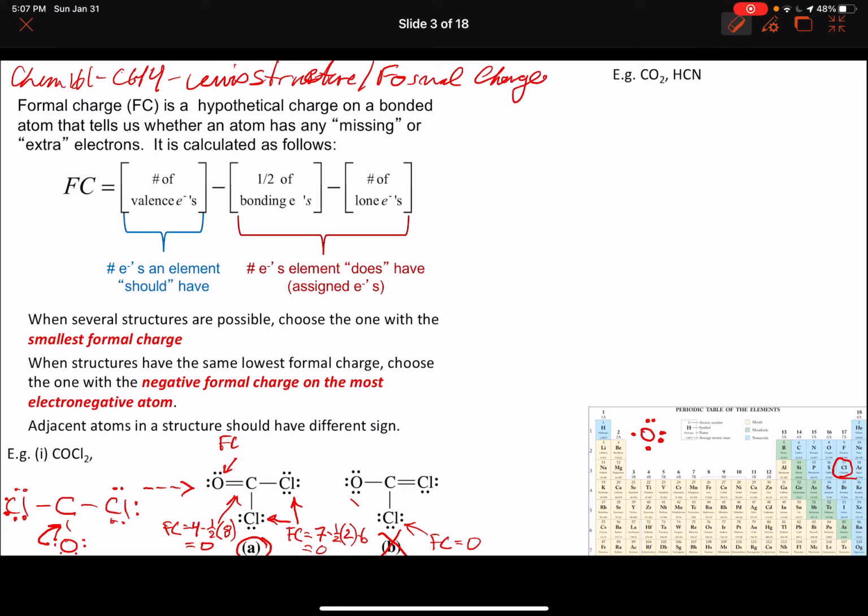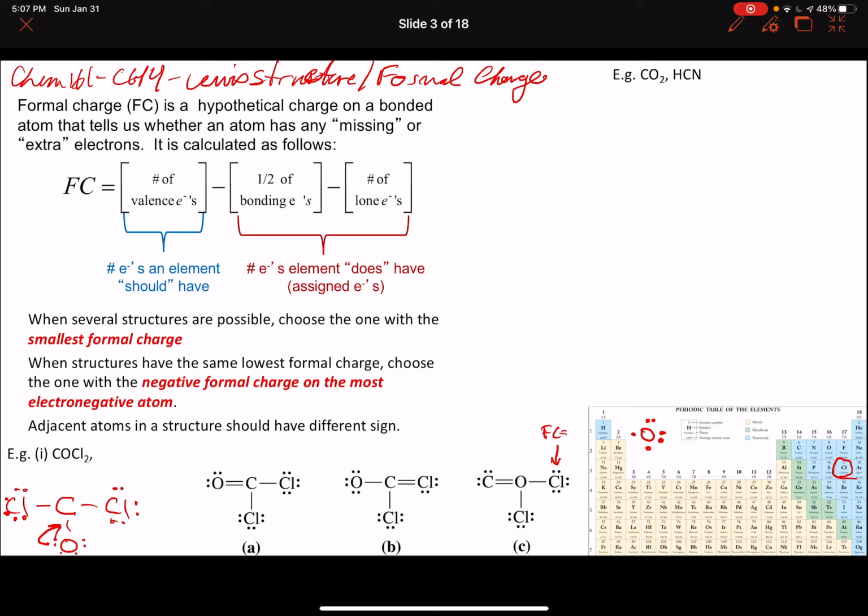If you had started with the wrong skeleton, again, you could see that it can be rationalized to be the wrong structure by a formal charge calculation. Okay, so I invite you to look at the formal charges here. In short, you should be able to rationalize that our formal charges on these chlorines are 0 and 0.